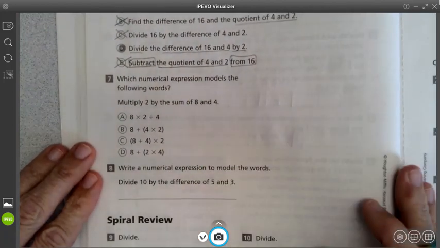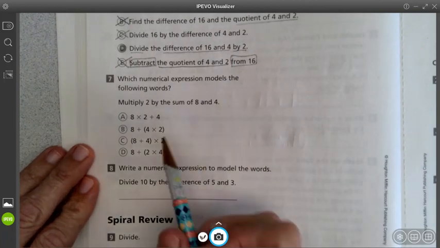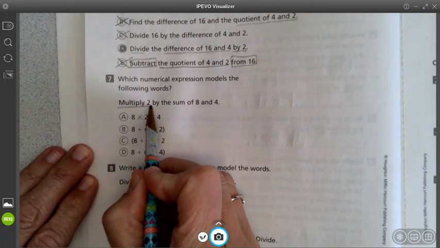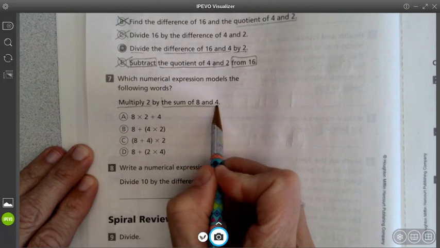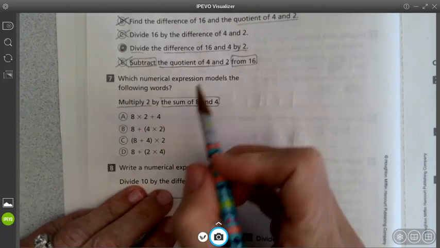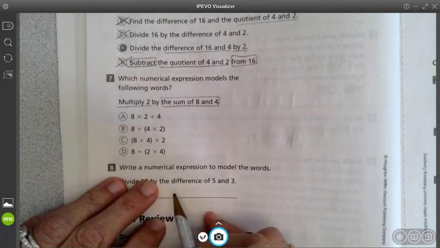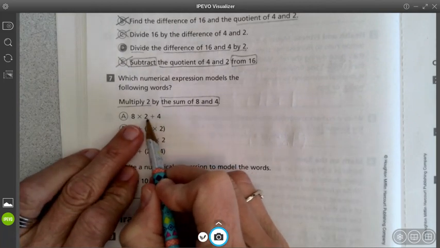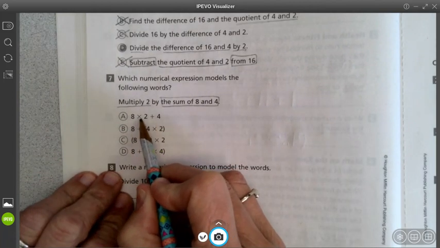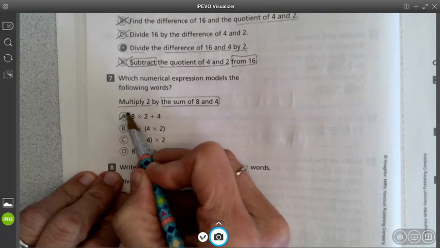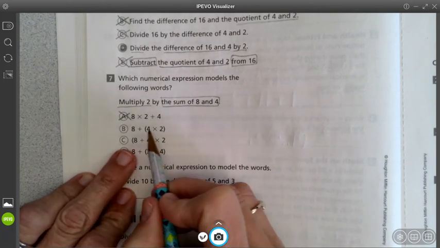Which numerical expression models the following words? Multiply 2 by the sum of 4 and 8. So that means I would have to find the sum and multiply it by 2. So here, I'm not finding the sum first. Order of operations would tell me to multiply first here, so that would be a product.